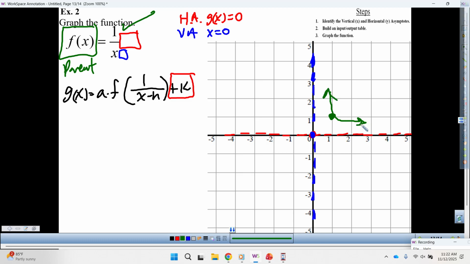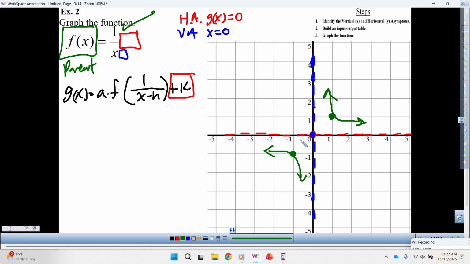There's our graph. Negative 1, negative 1, and same thing, a little curve like so. And that is our f of x. Now, why is that so important, Mr. Q? Because from now on, we're going to use that to graph our other transformation functions. Any questions with this so far?